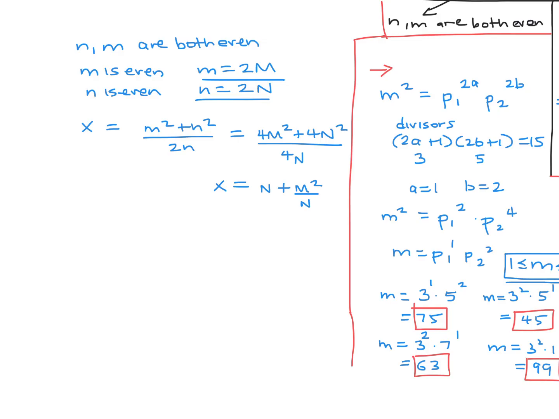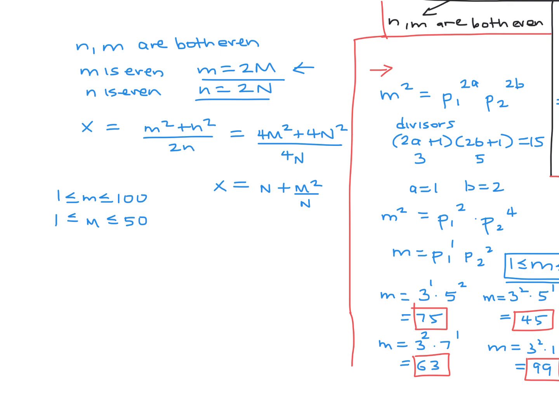And therefore, and let me put the parameters. m was between 1 and 100, and therefore the big M, since the big M is equal to half of the small m, that would mean that this is between 1 and 50, because they have to be integers.